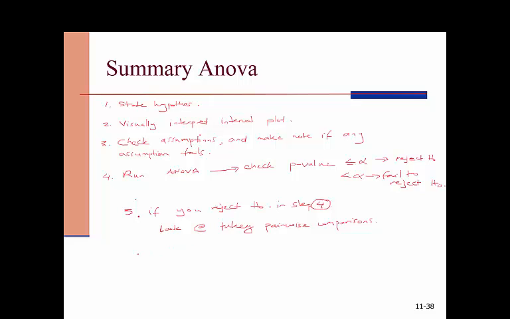Okay. 6, make conclusions on pairwise differences. That's ANOVA.